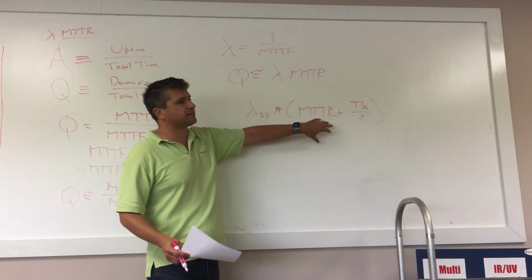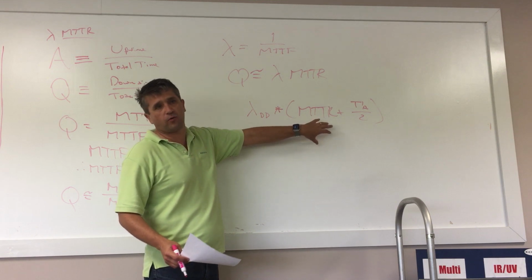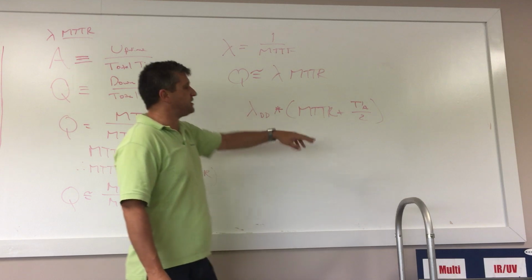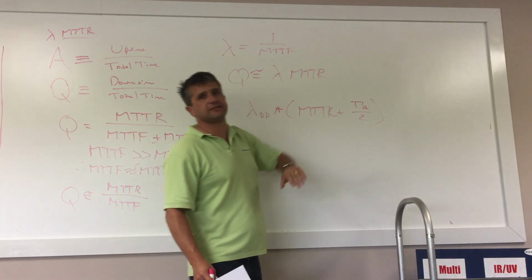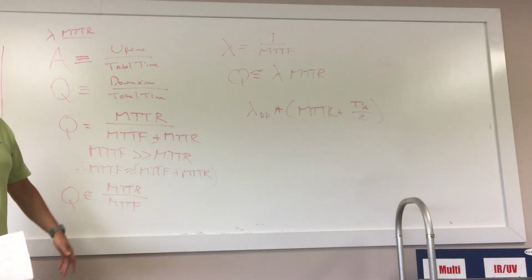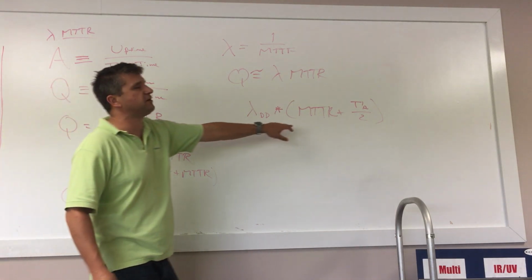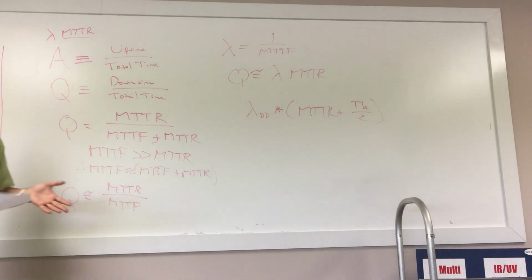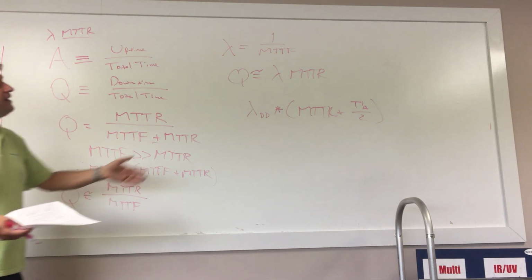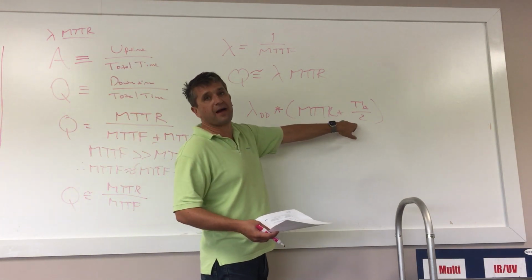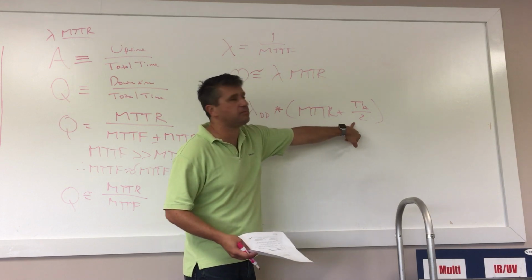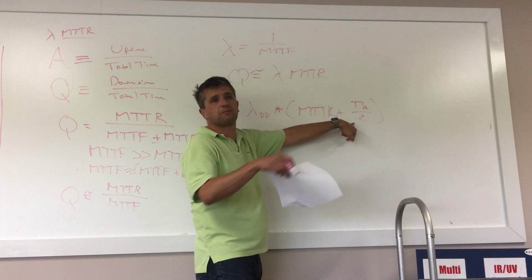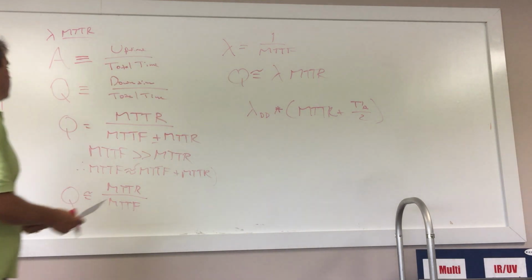If you're looking at a smart transmitter or a PLC, you can ignore this part, because the automatic test interval is like 100 milliseconds in comparison with 72 hours. It just goes away. But when you're doing something like partial stroke testing that happens once a week, now you can't ignore the automatic test interval, because most of the mean time to restore is waiting to detect the failure as opposed to performing the repair itself.